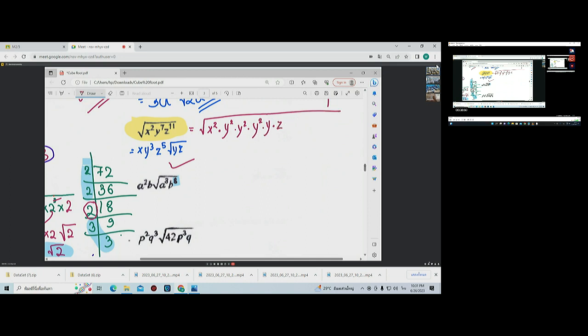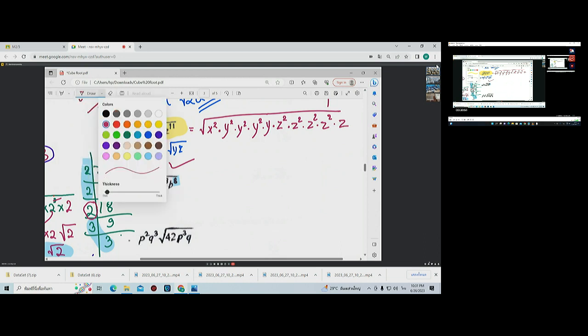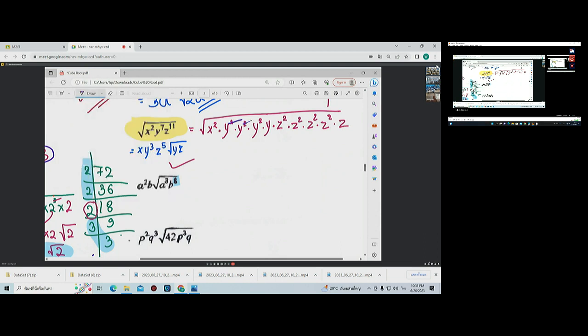Z square, z square, z square, z square, z. So we can take out the squares. So x and this y cube, z power 5. But this y and z remain. Understand? Like this.